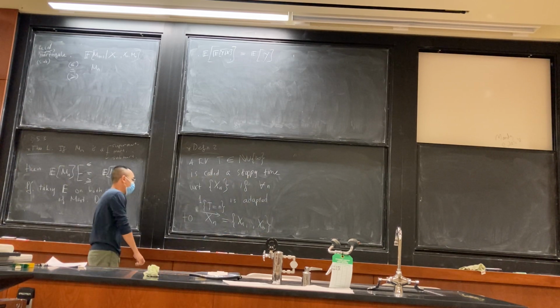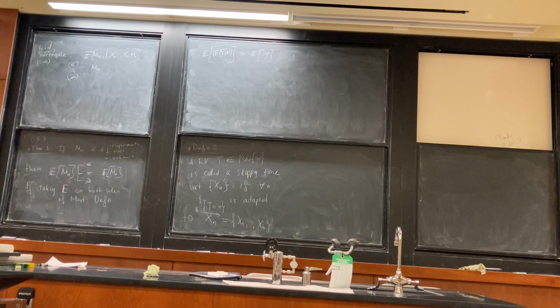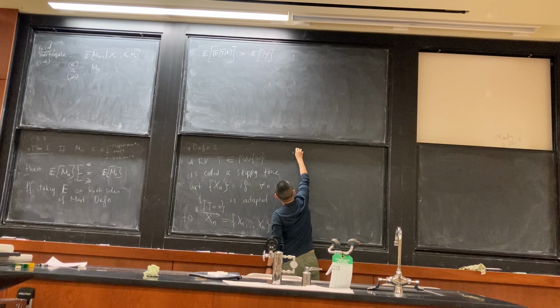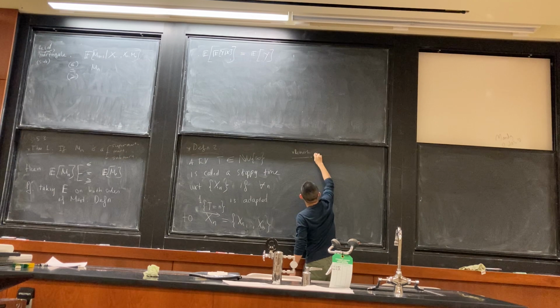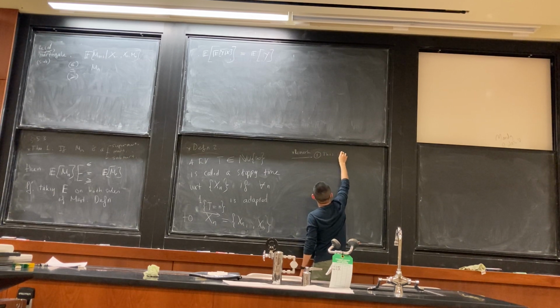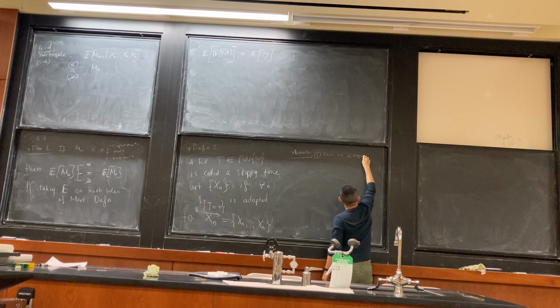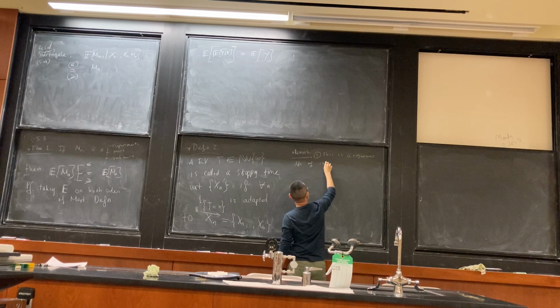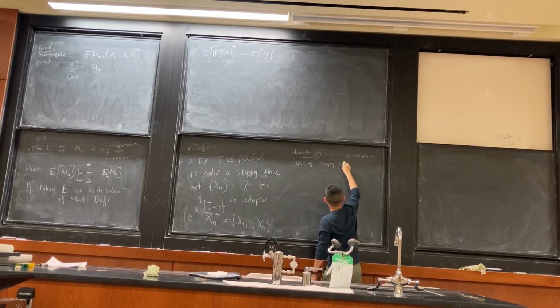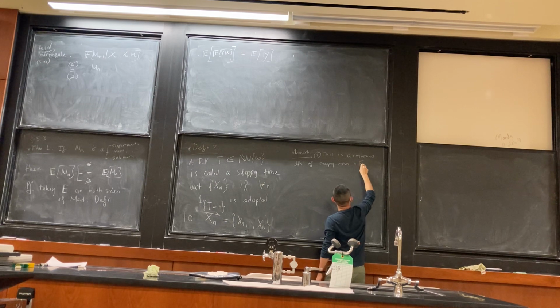If you still remember when you learned stopping time in chapter 1, a stopping time means the event T equals n can be determined based on the past, and this is exactly the rigorous version of it. So number one, this is a rigorous definition of the stopping time in chapter 1.